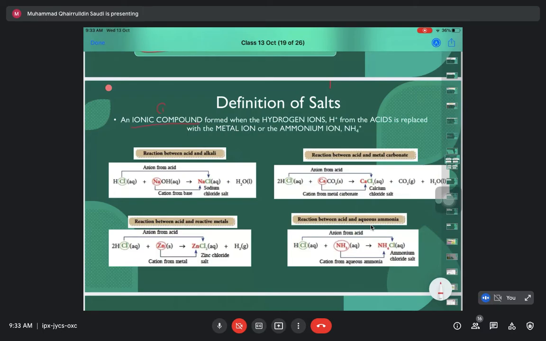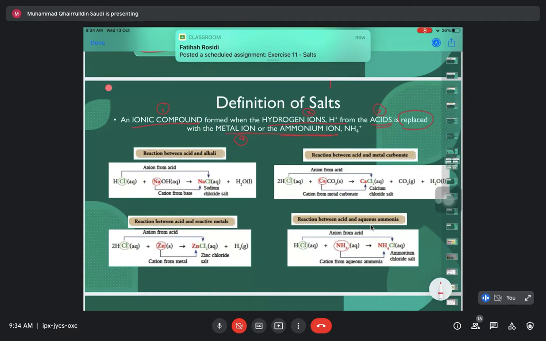It is an ionic compound that is formed when the hydrogen ions, number 2, the hydrogen ions from the acids, number 3, is replaced with the metal ions or the ammonium ions. Okay, ada 4 keywords.